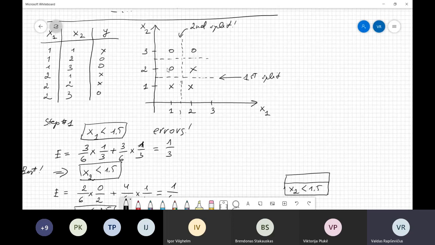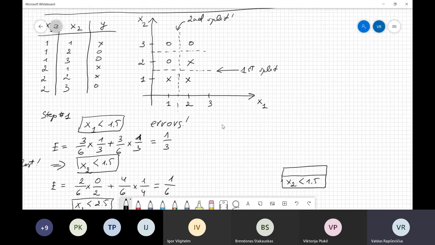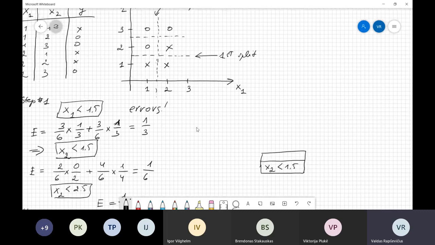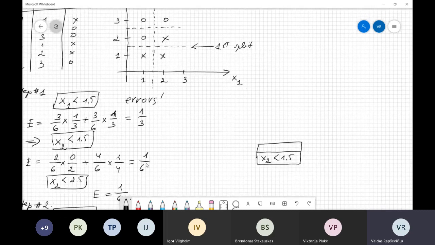And since we have the same amount of observations for the class, right? We have three and three. So the choice of which class is to be chosen is the same. So we can tell that before the split, we just choose circles as a majority class, and the error is 0.5.